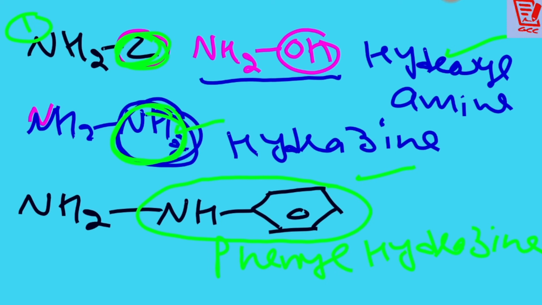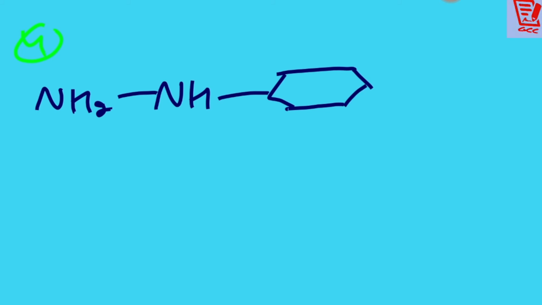Clear? So this is number 1, number 2, number 3, and the fourth derivative I am writing here. Suppose this is NH2, NH, then this is the ring, then NO2, NO2.